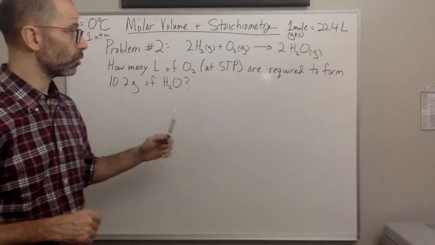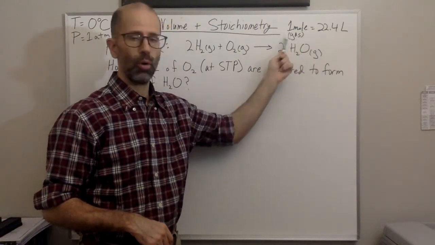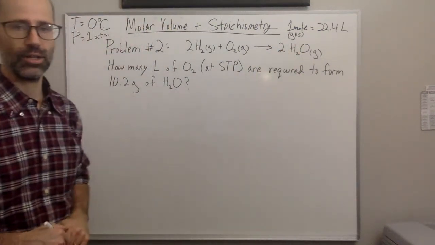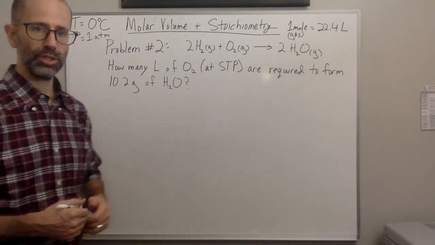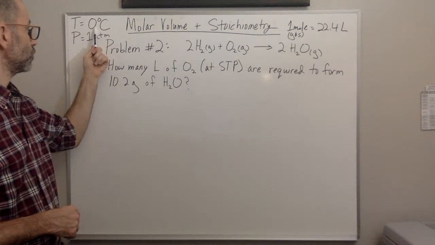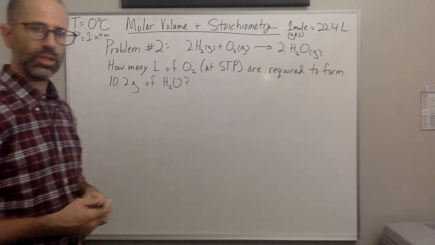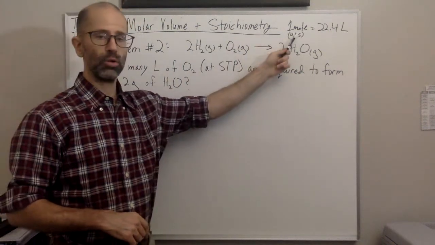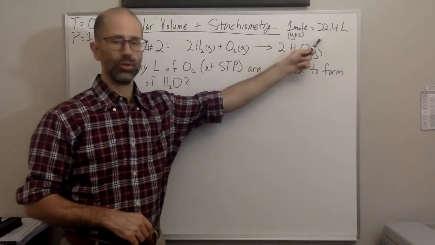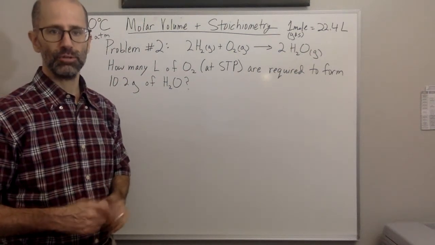So remember, molar volume is the volume of 1 mole of any gas. And under STP, standard temperature and pressure, which is temperature is 0 degrees Celsius and pressure is 1 atmosphere, under those conditions, 1 mole of any gas is equal to 22.4 liters, and you can use it as a conversion factor.